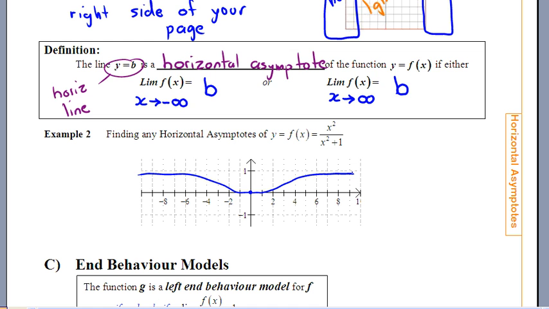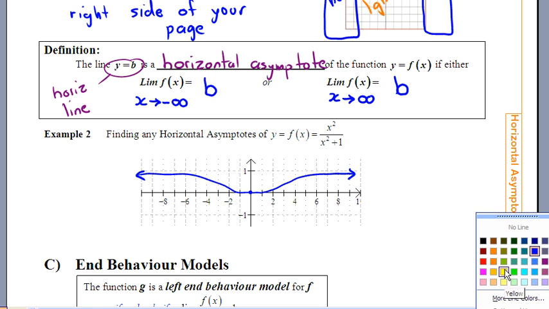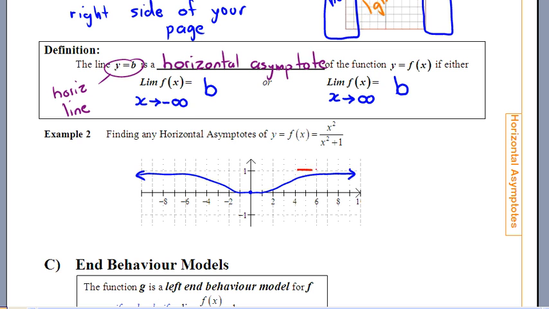And so when I go off to the right-hand side of my page or the far left-hand side of my page, way out there, I can see that, yeah, we're approaching this value of y equals 1. Same thing actually happens out here. And so you could say, oh yeah, there's this horizontal asymptote. Let's call that an HA at y is equal to 1 over on this side. Actually, same horizontal asymptote over here. Not every function does that, but this one has the same horizontal asymptote on both sides.